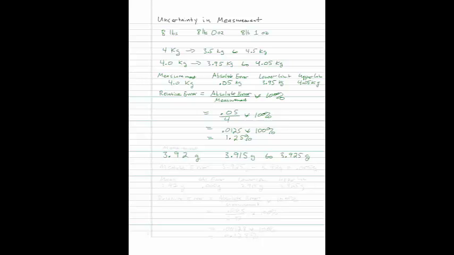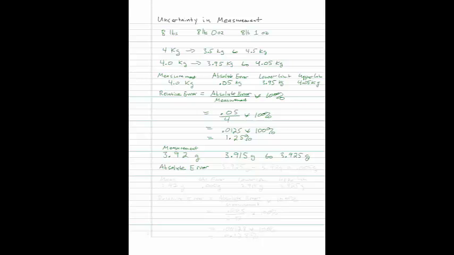So our absolute error will be what? The absolute error is the difference. Again, this is our measurement. This is what we're claiming it to be. So we're putting something on a scale, on a balance, and our best guess for this is 3.92 grams, and we put in the second decimal place.